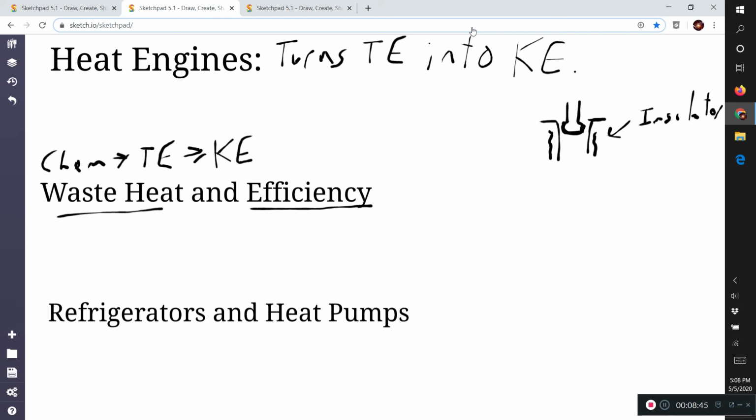Even the most gas efficient cars are only about 40% efficient in converting the thermal energy into kinetic energy. And stuff like coal-fired plants and things like that that provide electricity to your home using thermal energy are only about 30% efficient, usually on the high end.